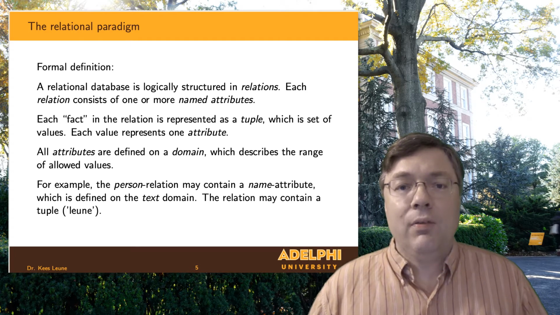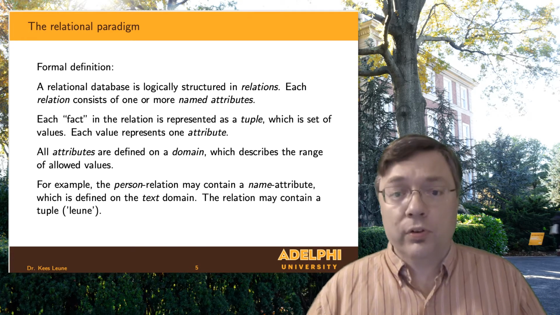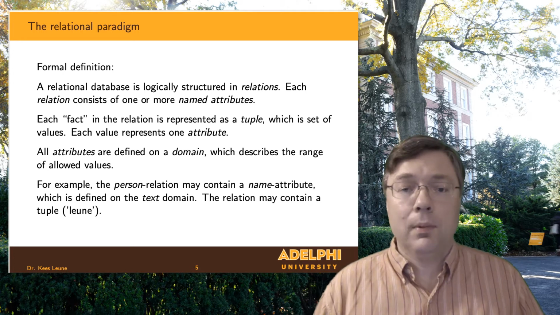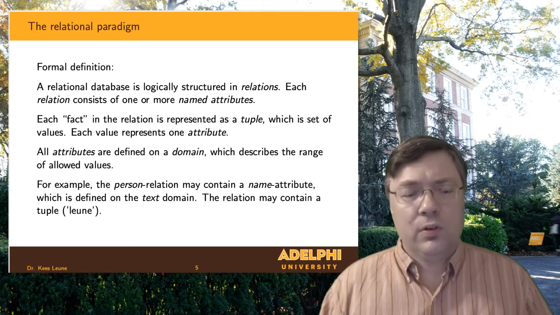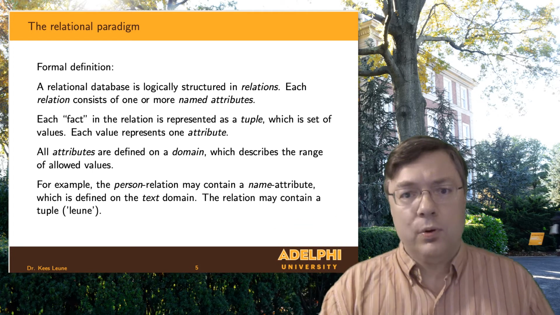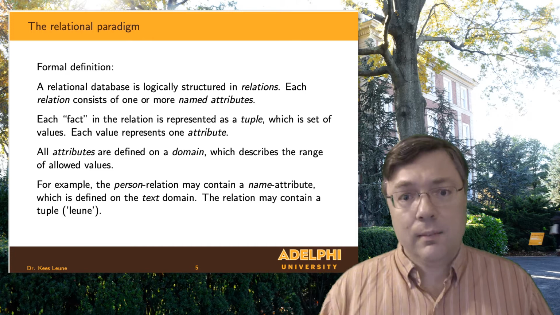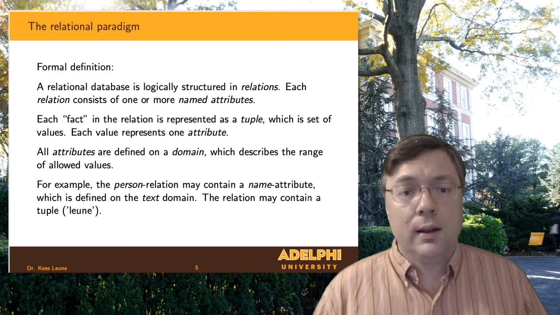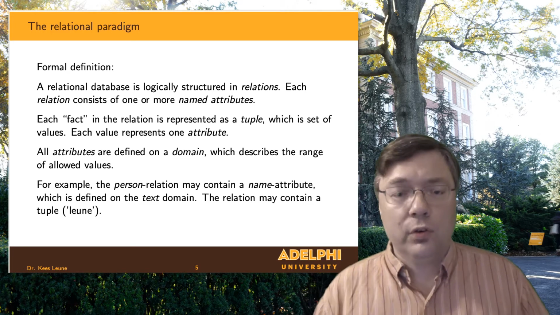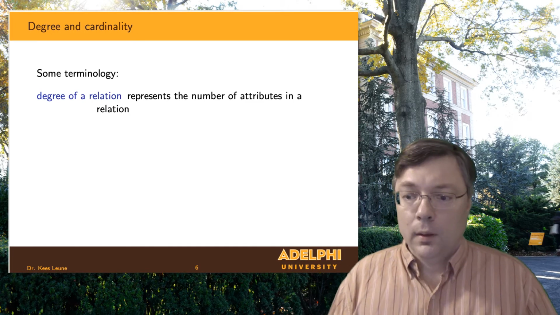And we're going to add a value to describe an actual person whose last name is Leune. So separate out those two. On the one hand, we describe the relations with their named attributes and their domains. That is the metadata. And then the tuples contain the actual data, the values for each of those relations.